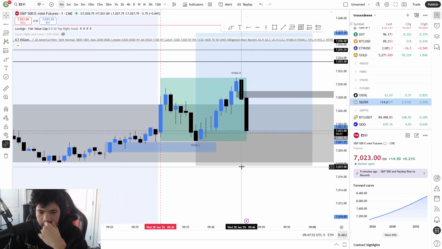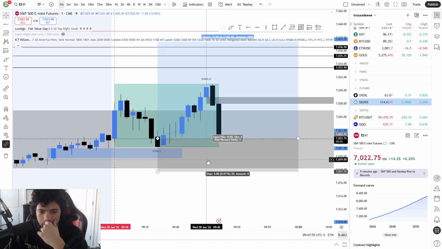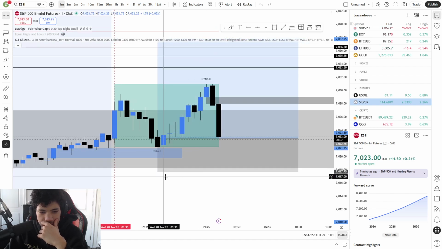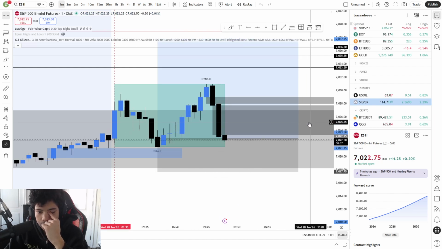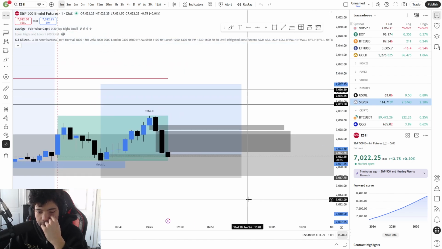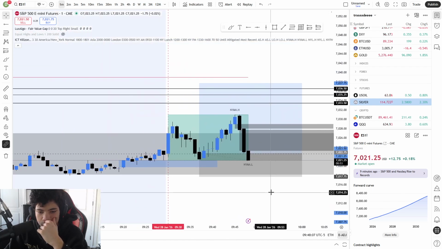All right, we do still have this bullish gap just above our stop. But we're creating these huge bearish gaps. And I don't like it.